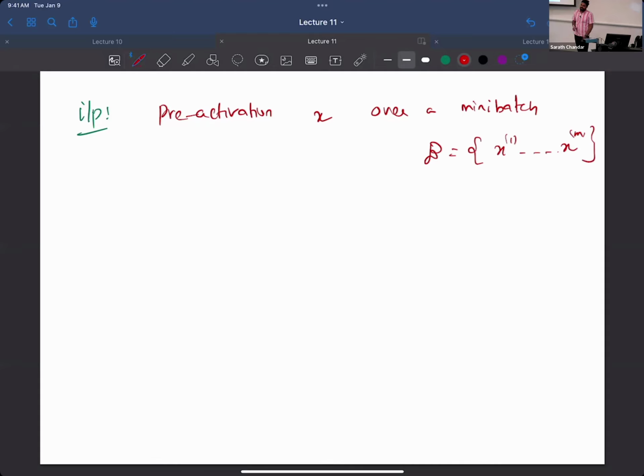I'm going to take a mini batch of data and compute the mean pre-activation over the mini batch, which is basically 1 over m, summation i equals 1 to m, x_i. So this is my mini batch mean.